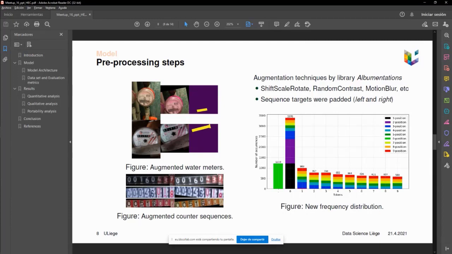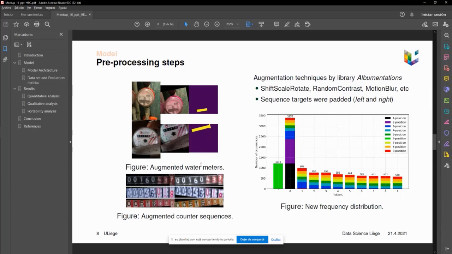For the ROI detector model, you can see in this image that the images were shifted, scaled, and rotated. And in some cases, the coloration was also changed. We also add some blurring and contrast, always taking care that the mask, that the counter area, is within the image, as you can see in these examples.